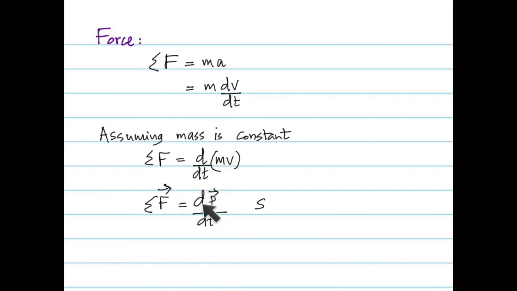The net external force has to be... you're still not paying attention. The net external force has to be... thank you. Concentration is key. If the net external force is 0, then the system will have a constant momentum.